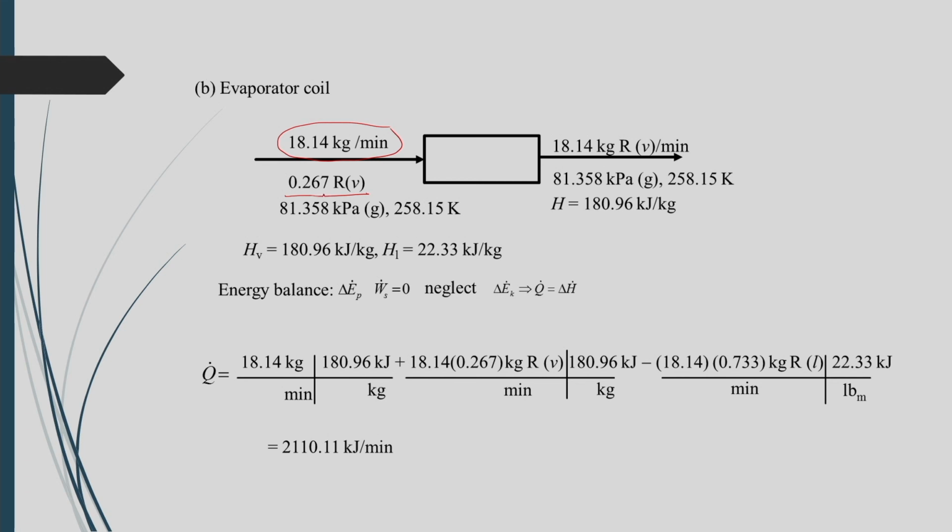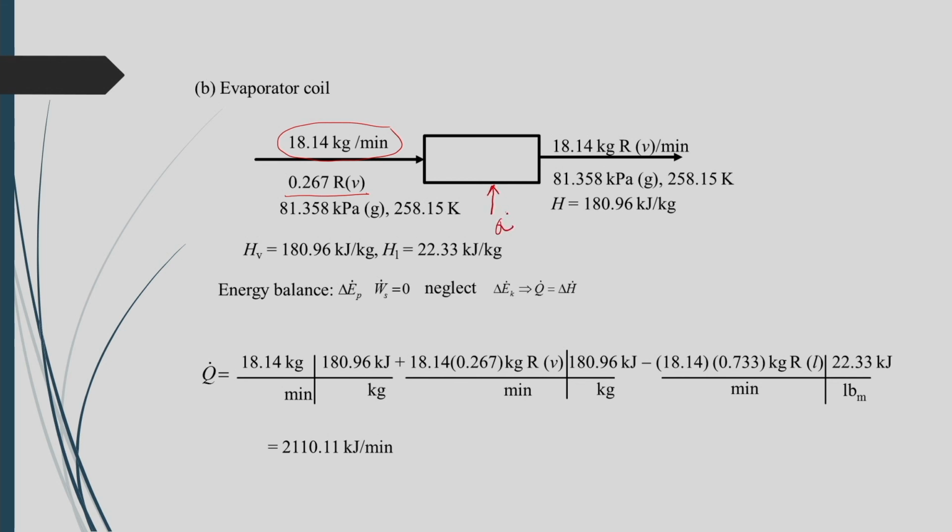It is 0.267 vapor refrigerant, and this will go to the evaporator coil, and it will go out from the evaporator coil after getting heat. That heat is not known to you, so that heat will be supplied here.